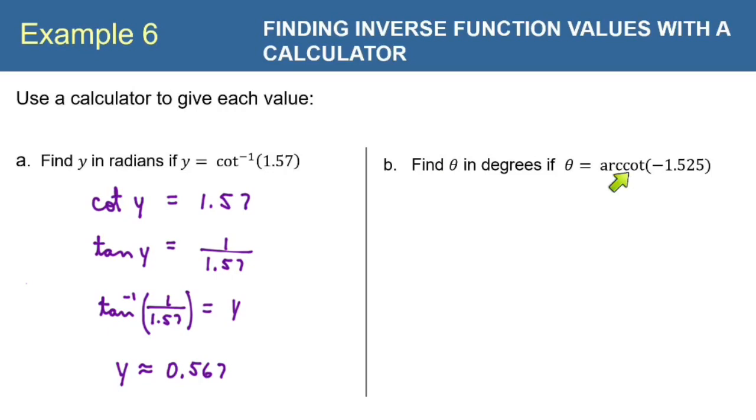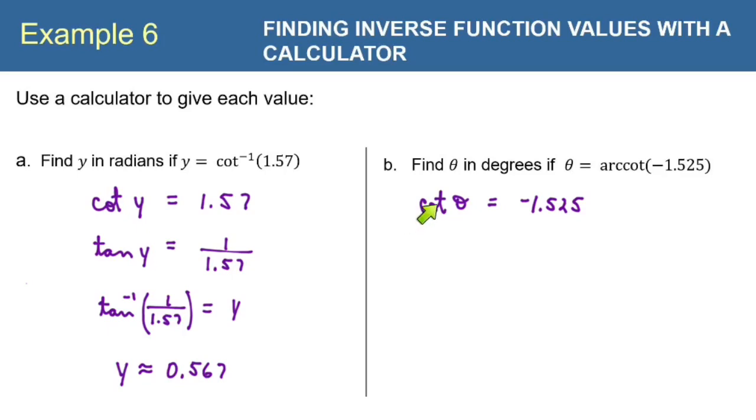Okay, now arc cotangent is essentially cotangent inverse. So we will be changing from inverse form to regular cotangent form. So if theta is equal to cotangent inverse of this number, that means that the cotangent of theta is equal to that number.